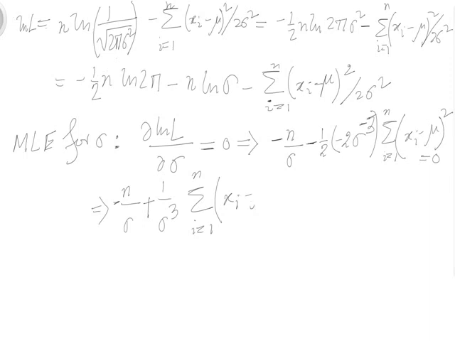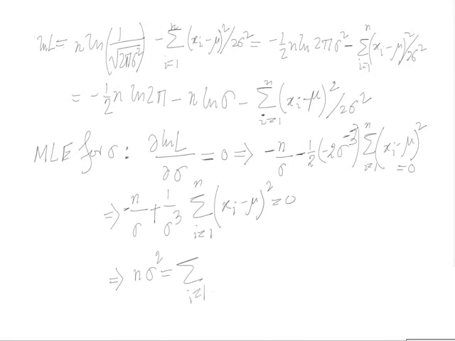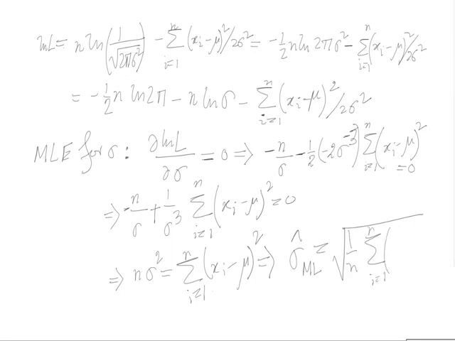Again, by simplifying, we obtain n over sigma equals 1 over sigma cubed times summation i from 1 to n of (xi minus mu) whole square, which gives us the value of the maximum likelihood estimator for sigma, which is the square root of the summation i from 1 to n of (xi minus mu) whole square, which is nothing but the empirical standard deviation.